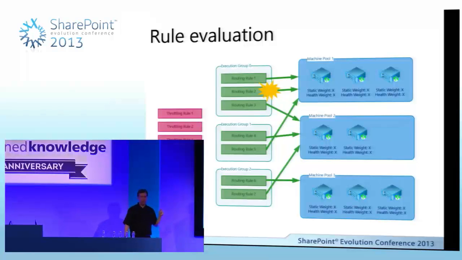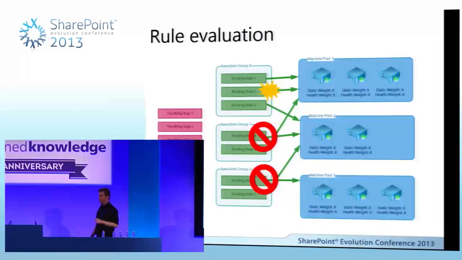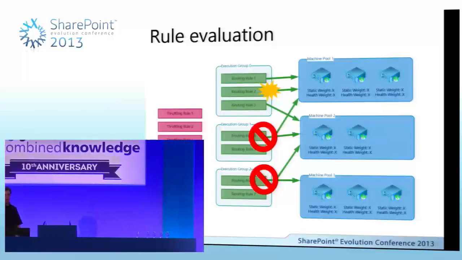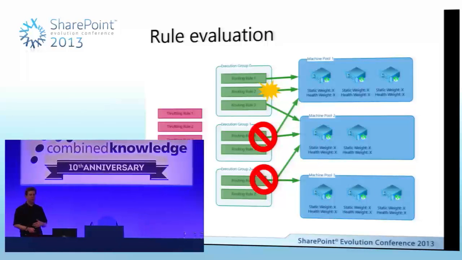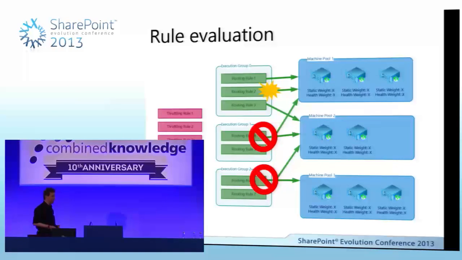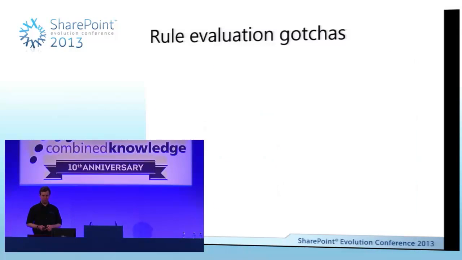But the rules that are in execution group 1 and execution group 2 will not be evaluated. So as soon as there is a match, we ignore the following groups. And this is important because it means we need to place our most important rules in execution group 0 to ensure that they are evaluated. Because otherwise you might have another rule get matched and it will ignore the following execution groups.